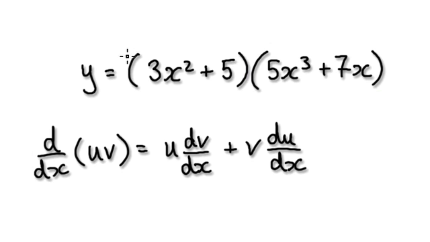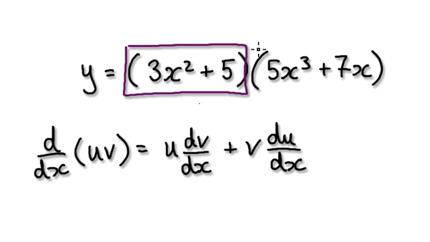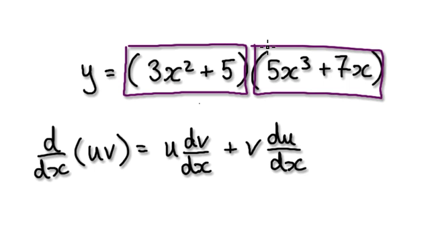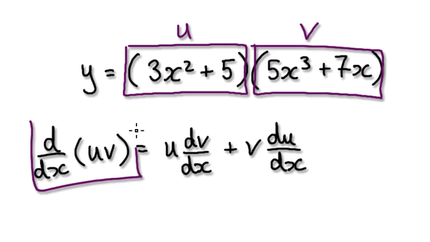So the product rule applies when one thing is multiplying another thing. If you want to differentiate uv, you can imagine this block as being u and this block as being v. This is like saying you want to differentiate one block multiplying with another block.